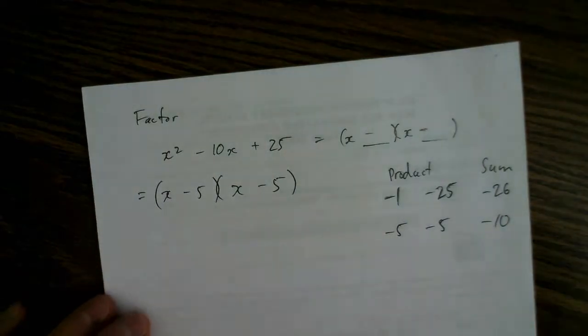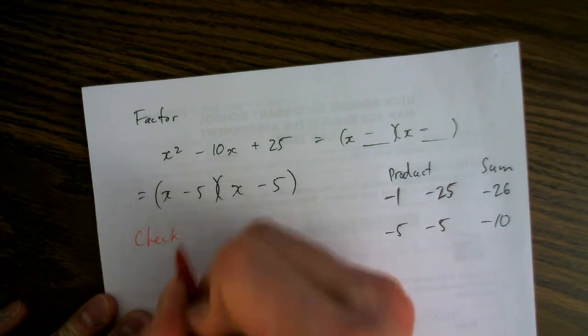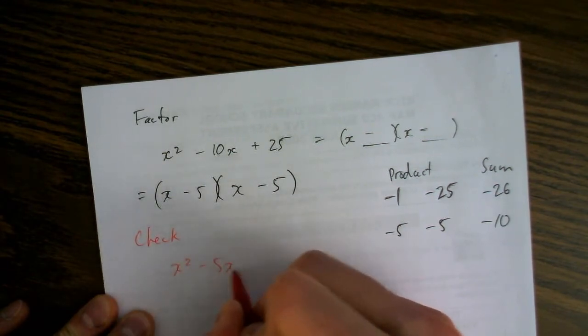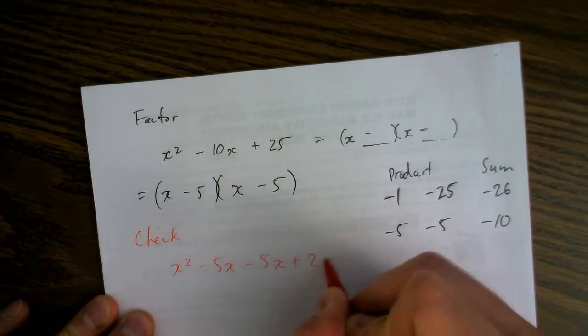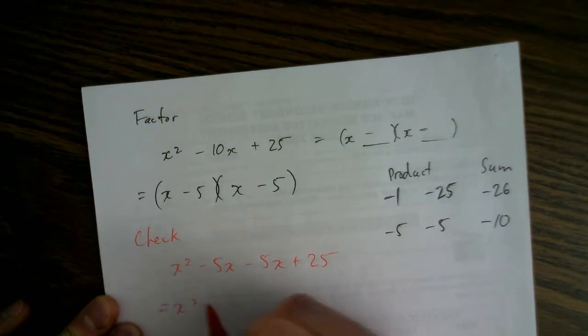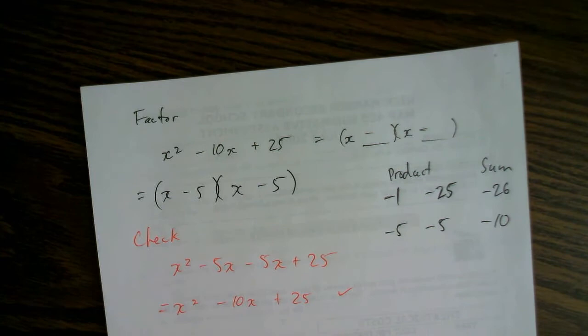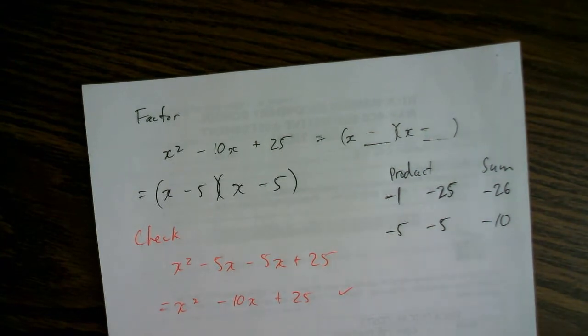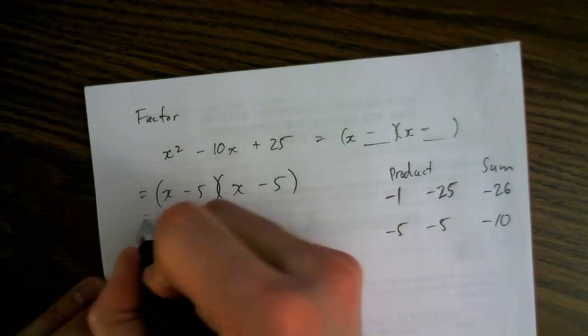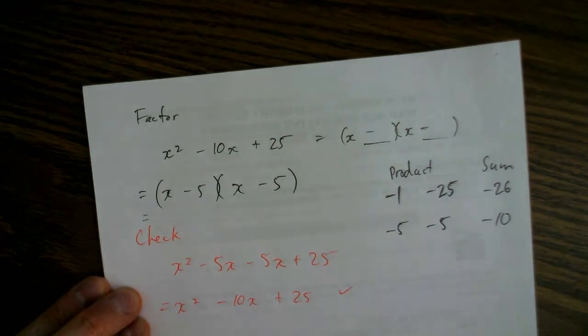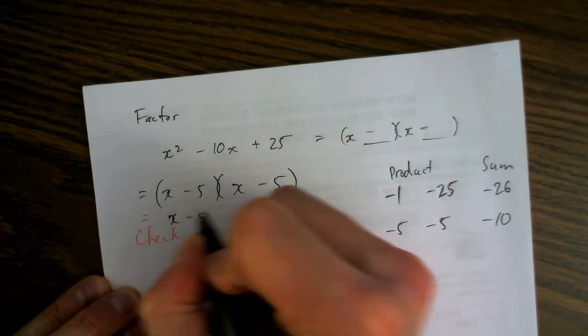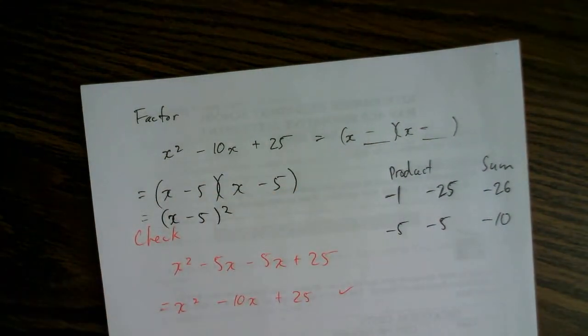And if we check our answer, we have it correct. We can shorten this answer by writing it as x minus 5 squared.